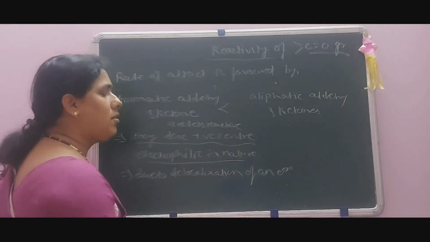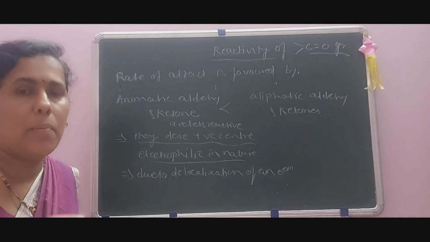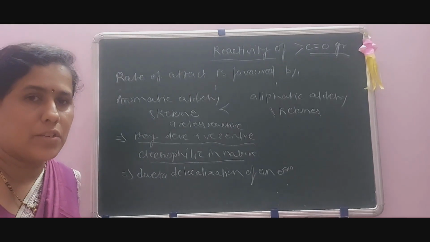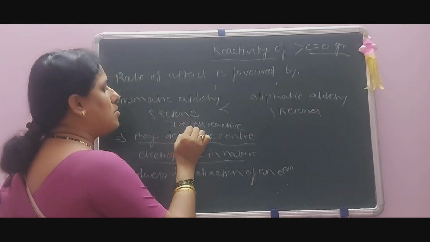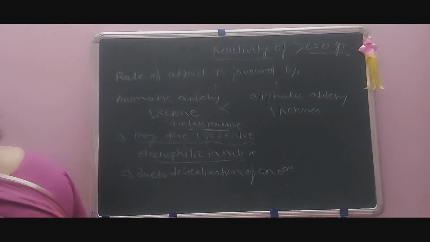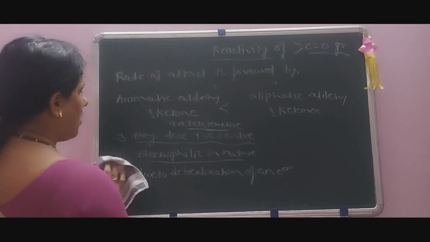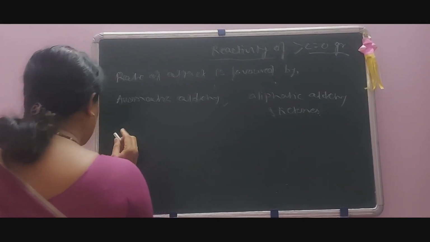They are electrophilic in nature, and thus these two factors operate due to the delocalization of electrons. Therefore, aromatic aldehydes and ketones are very less reactive than the aliphatic aldehydes and ketones. Here we can show the diagrammatic representation for aromatic ketones.